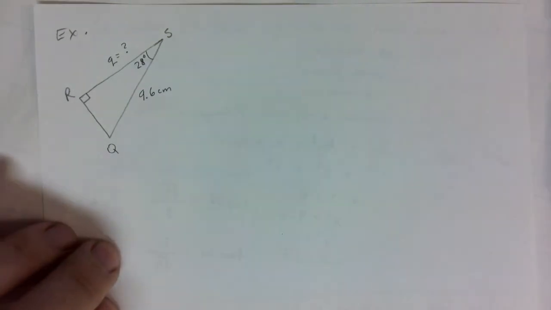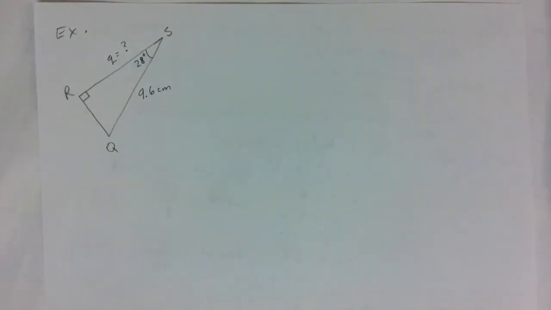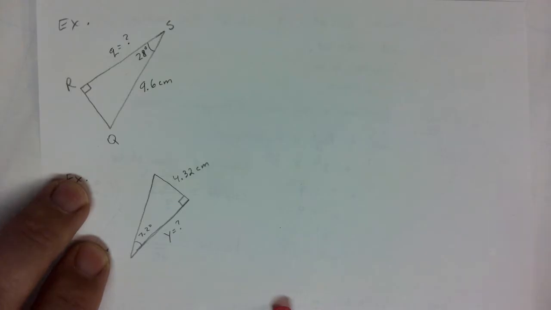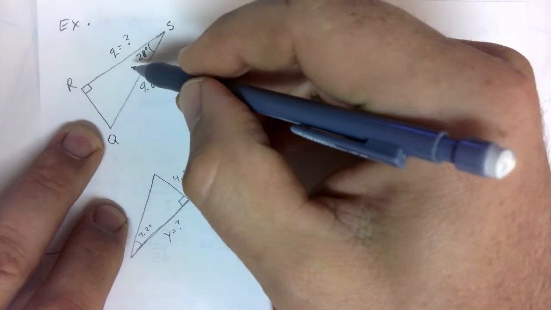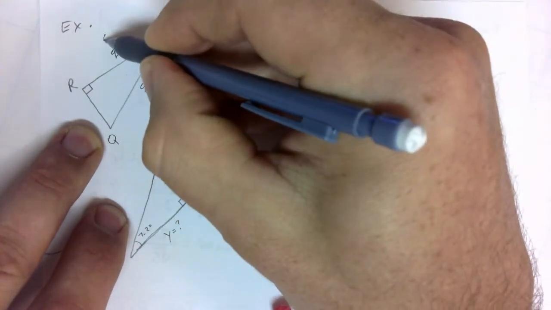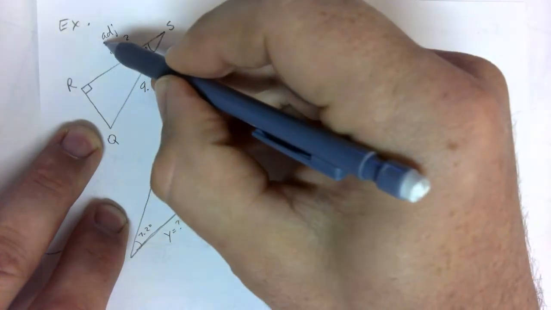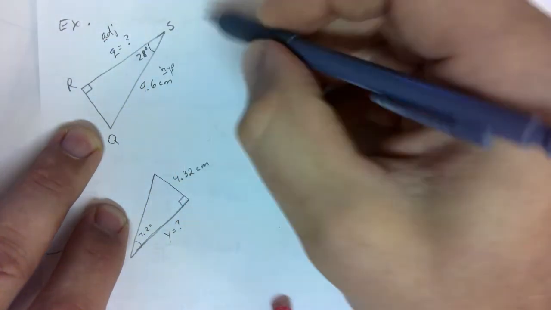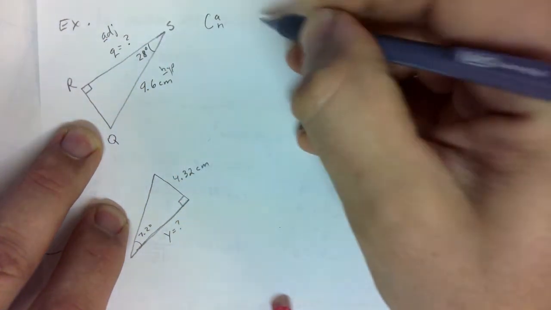I'm going to ask you to try this one on your own, and then we're gonna see how you do. Okay, so opposite I won't care about. Hypotenuse is here. This is my adjacent. A and H, that's right, I'm using this one.